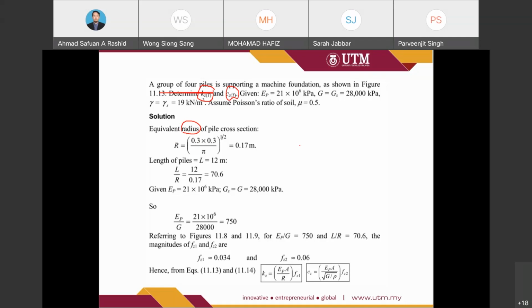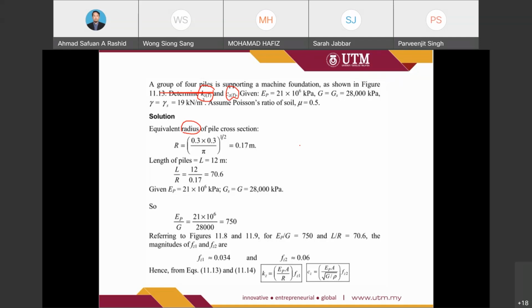Then the length of the pile is 12. L over R, which is 12 over 0.17, is equivalent to 70.6. Given EP is equal to 21 times 10 power 6 kPa and G is equal to 28,000 kPa, so EP over G is equal to 750.